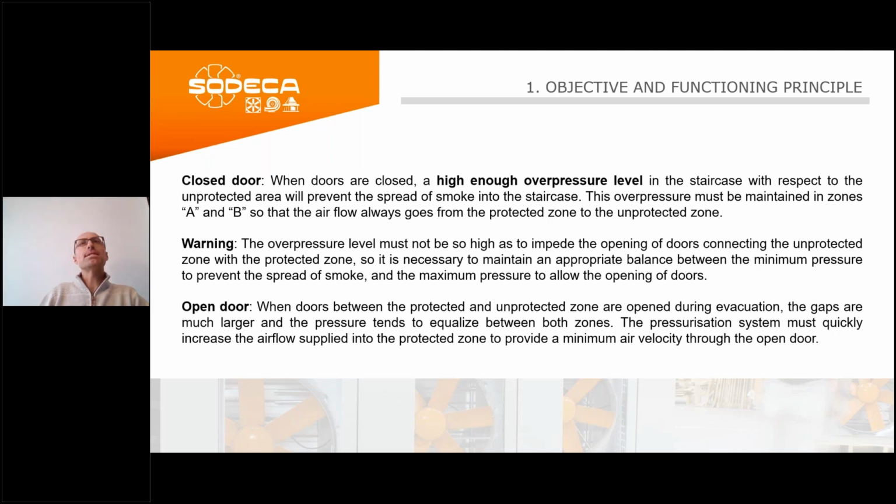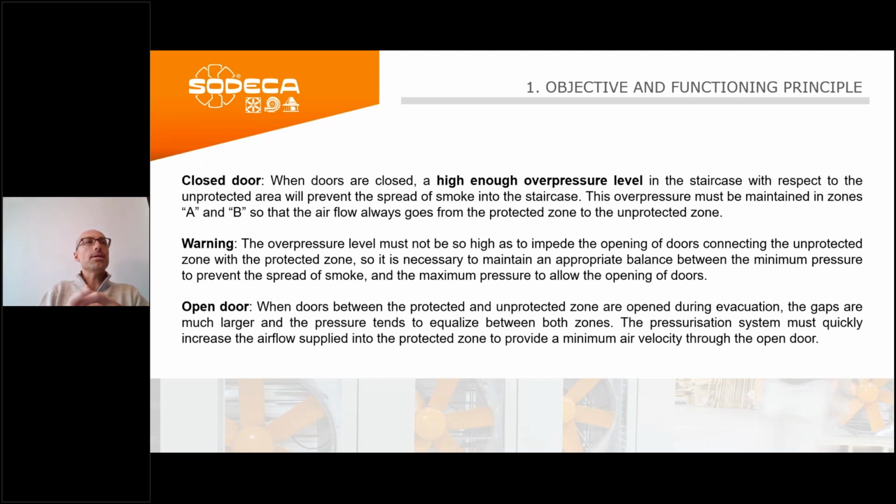So it's necessary to maintain an appropriate balance between the minimum pressure to prevent the spread of smoke into the stairwell and the maximum pressure to allow the opening of doors. Bear in mind that exit doors at every level open from the protected area to the unprotected area, from the accommodation area, from the office, for instance, to the stairwell.